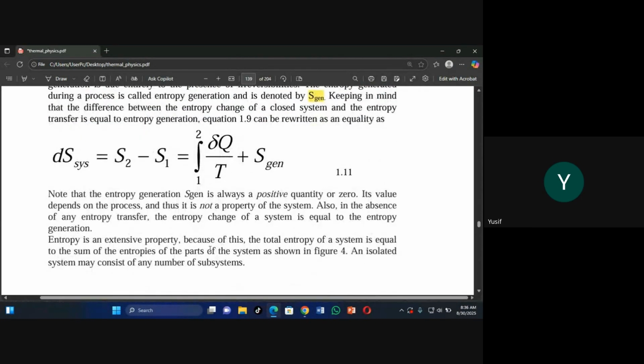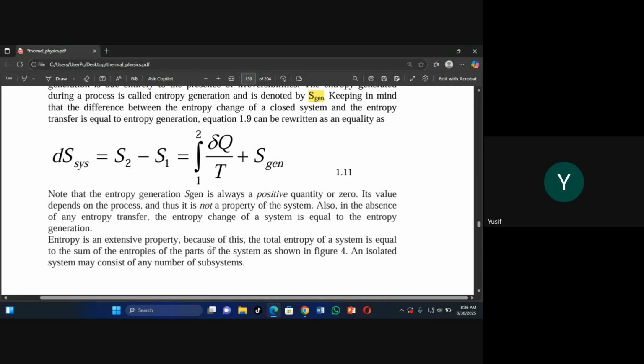Note that the entropy generation, Sgen, is always a positive quantity or zero. So the entropy generated is always equal to zero or is a positive number. Okay, so it means at the end of the day, it's being generated. It's not being absorbed from the system. Okay.